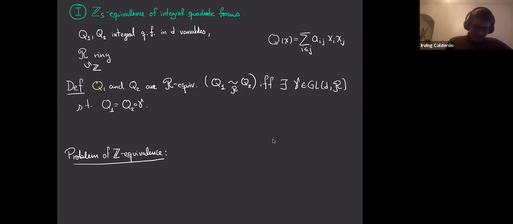So the classical setting is R equals Z. So we're interested in studying the integral equivalence of integral quadratic forms.